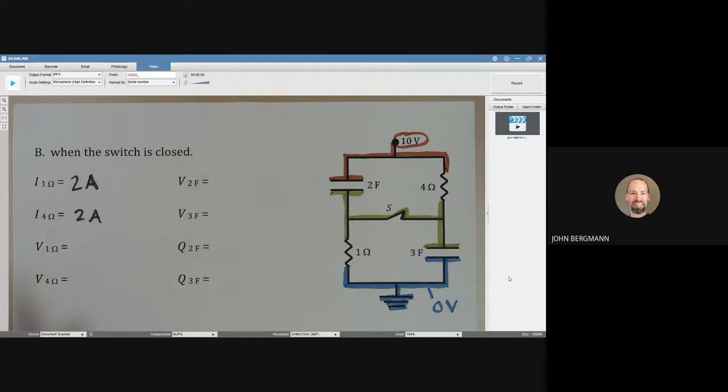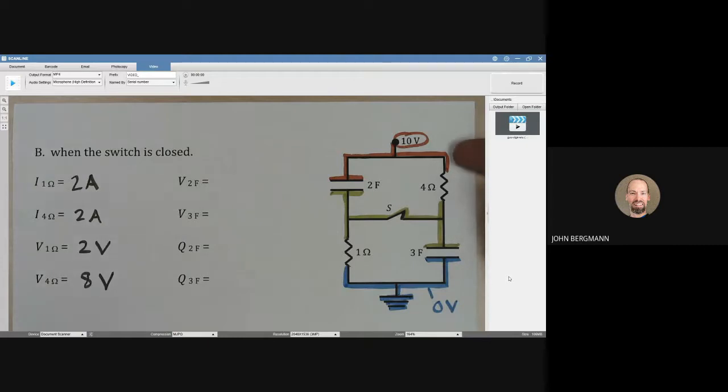The pressure difference or the voltage drop across the 1 ohm resistor then will be I times R. So that's going to be 2 volts. I times R, 8 volts. There we go. The voltage has dropped by 8 going across the 4 ohm resistor.